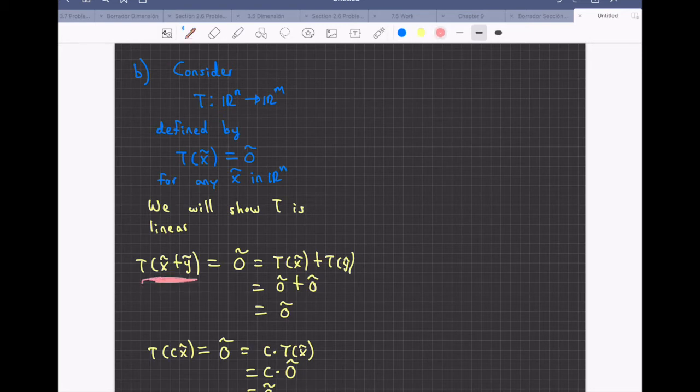So T of x plus y is the same as T of x plus T of y, and T of c times x is the same as c times T of x. So yes, this transformation is linear. This transformation is called the zero transformation. It always returns zero.